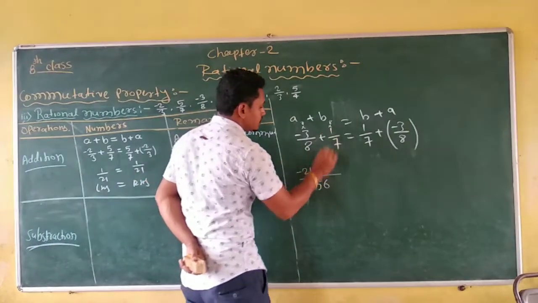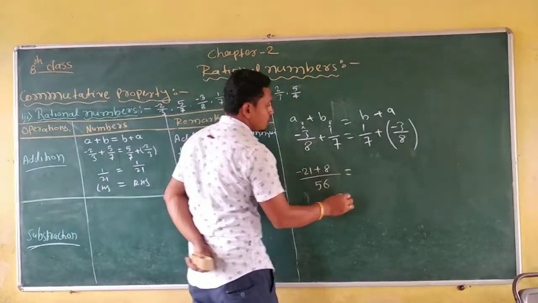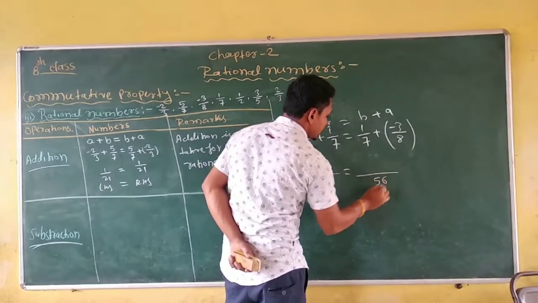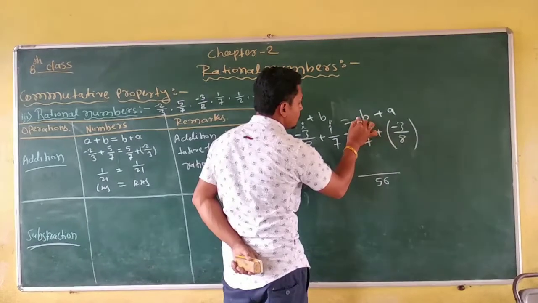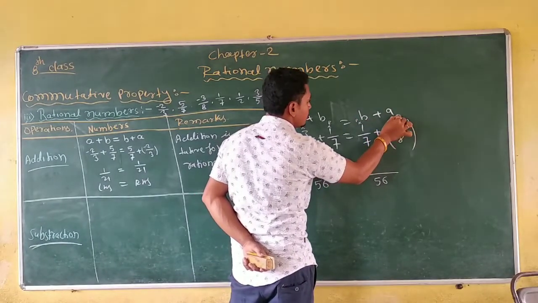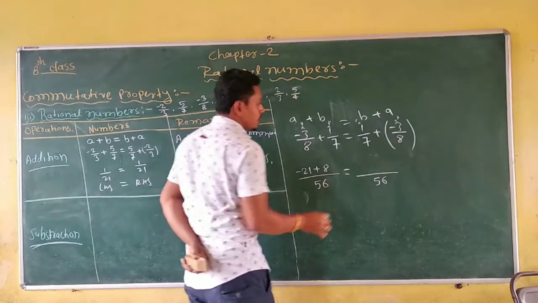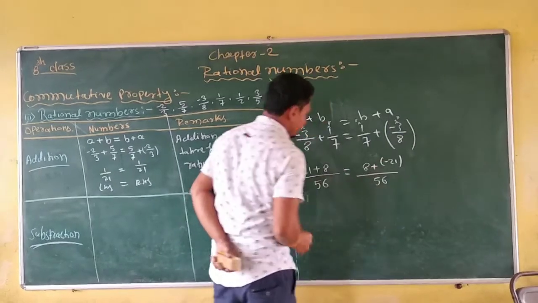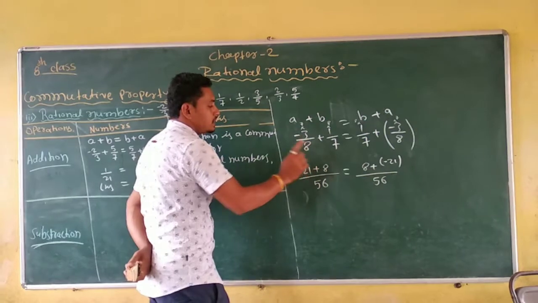So minus 21 plus 8. For the other side, the LCM of 7 and 8 is also 56. Then here multiply by 8 and here by 7. So 8 plus minus 21, that is minus 21 plus 8.